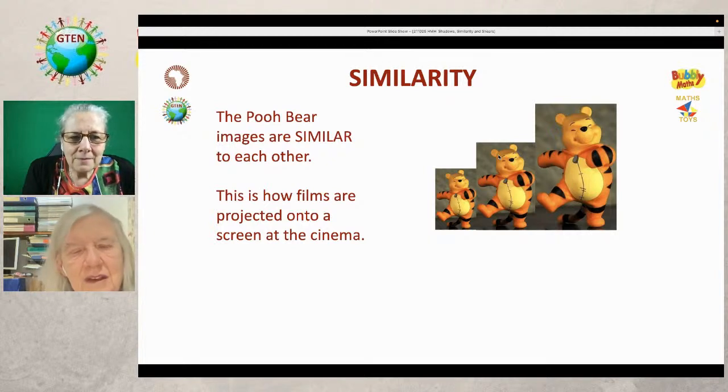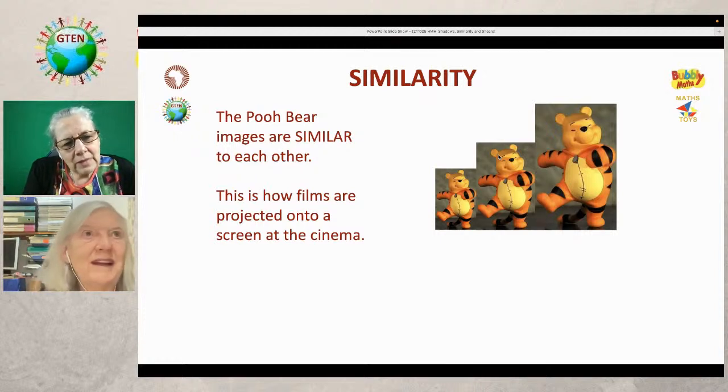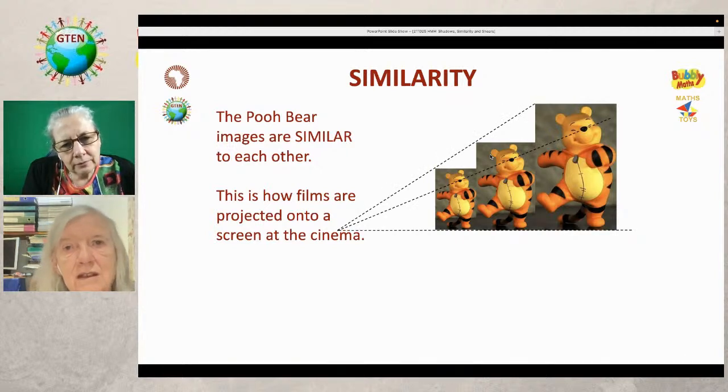Now, this is how films are projected onto a screen at the cinema. And so you may see a Winnie the Pooh film with a huge Winnie and Eeyore and the rest of them, but that's projected from only a very small image way back, and the projector does this sort of thing.